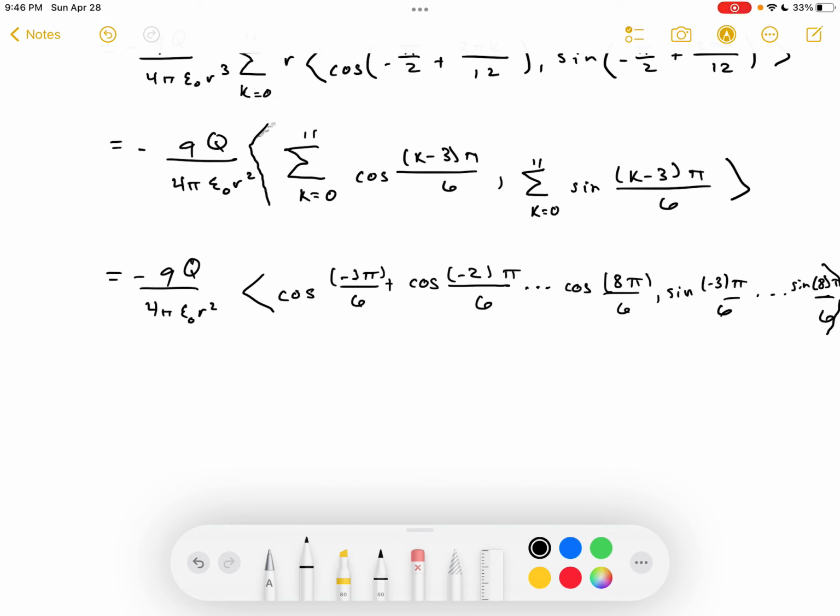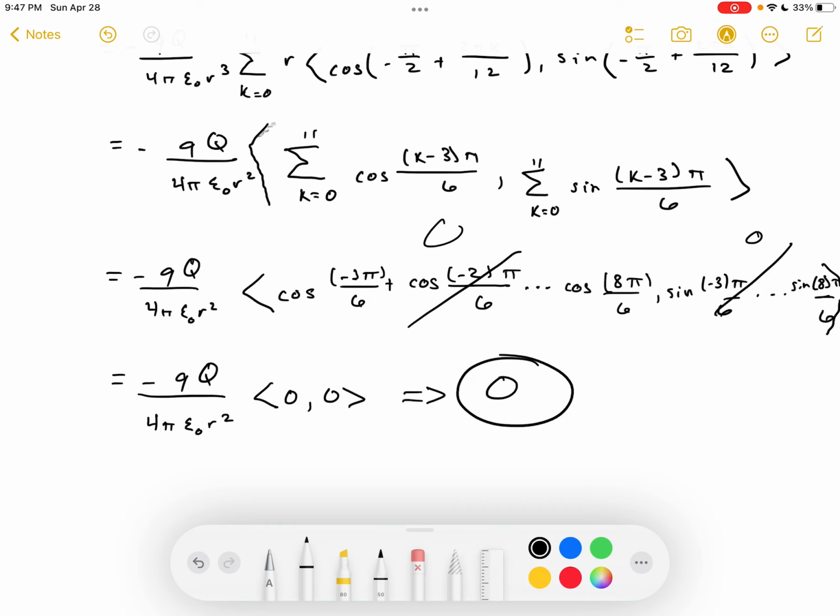Since we know they both go to 0, we ultimately get negative little q big Q over 4 pi epsilon naught r squared multiplied times the vector 0, 0, which ultimately gives us 0.